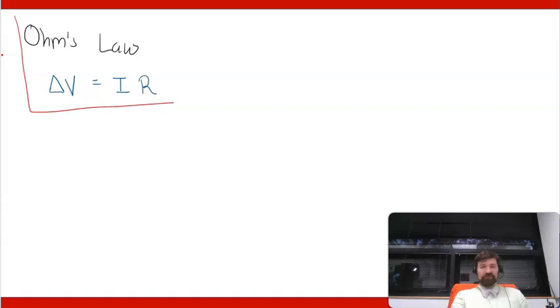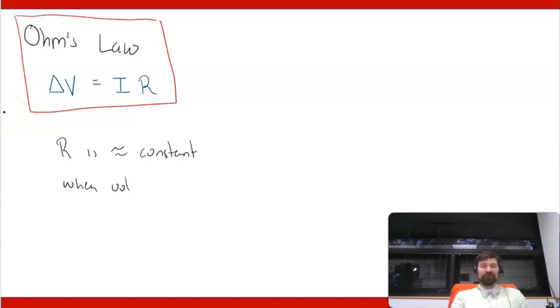And so the resistance does not depend upon voltage or current. So R is roughly constant when voltage or current is changed.